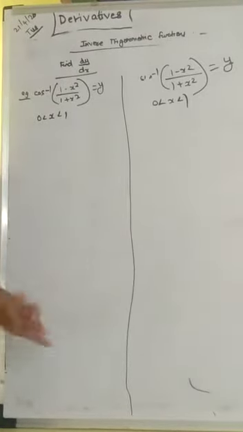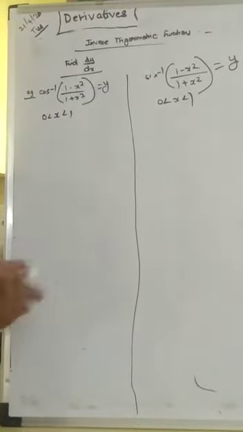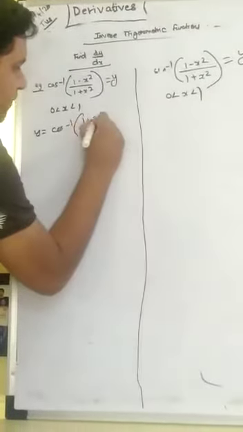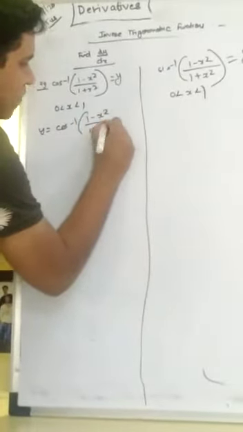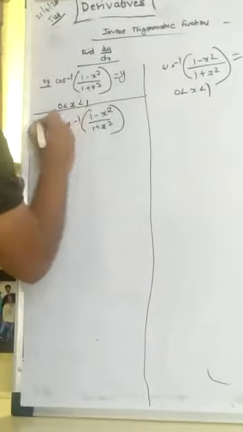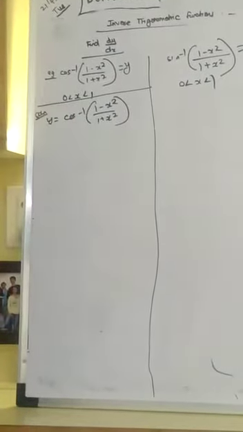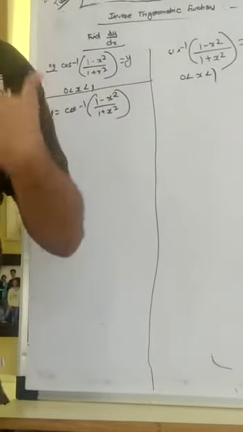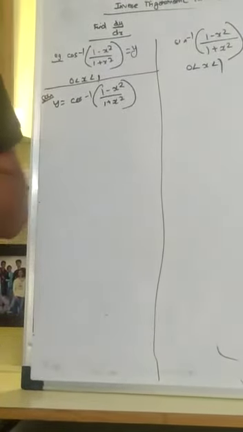So let's see how we can differentiate this. y is equal to cos inverse of (1 minus x square) upon (1 plus x square). In the earlier problem, we saw that before substituting in the conventional formula directly, we try and simplify it.